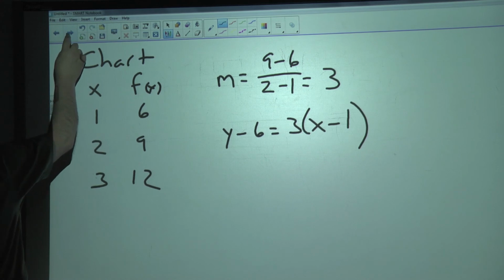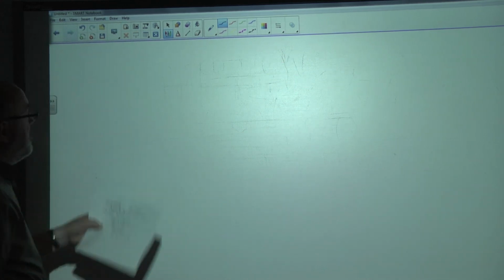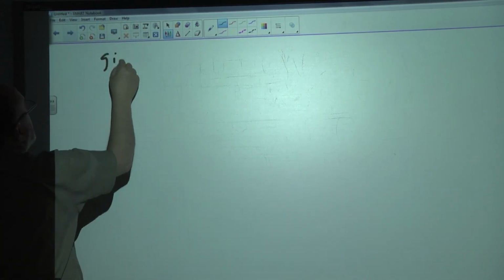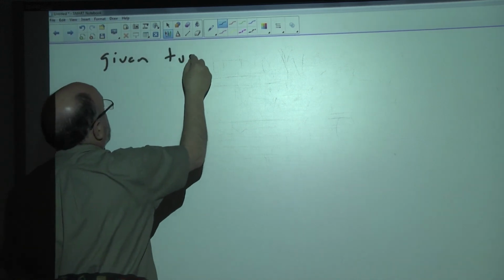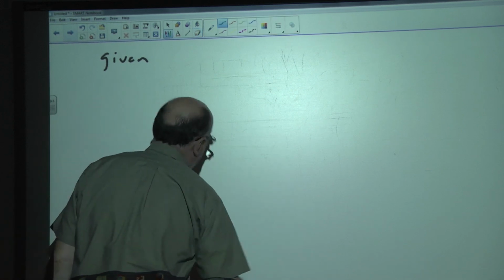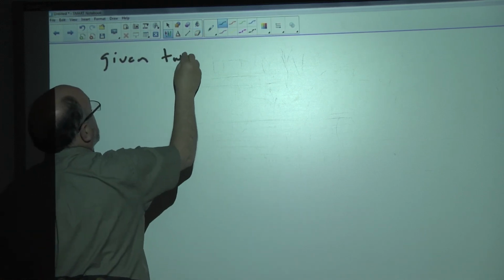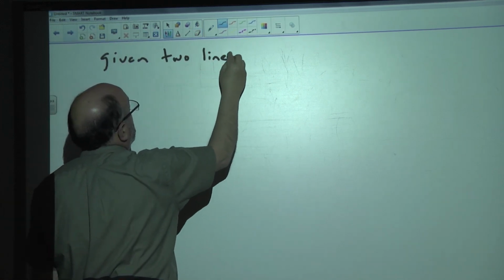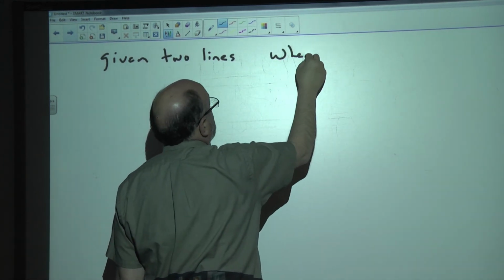Well, lastly, given an equation for 2 lines, where will they cross?